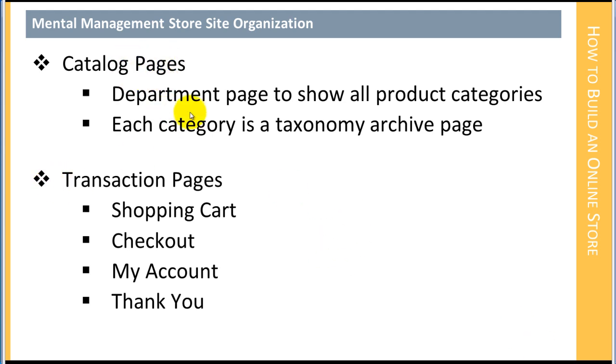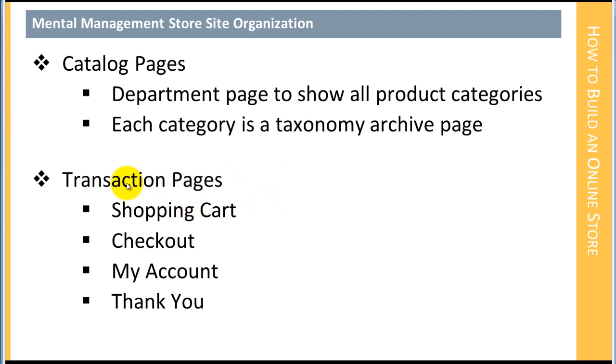So our catalog page is first that department page or that product category page. It shows all of our product categories, and then once you click on one of those categories, it's going to take you to a taxonomy archive page which will display all of the products in that custom taxonomy.